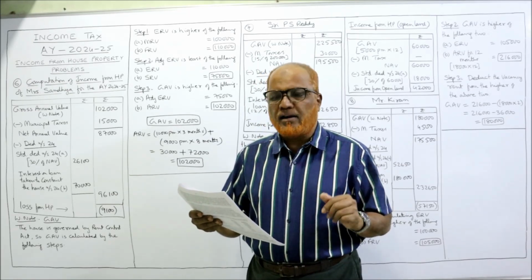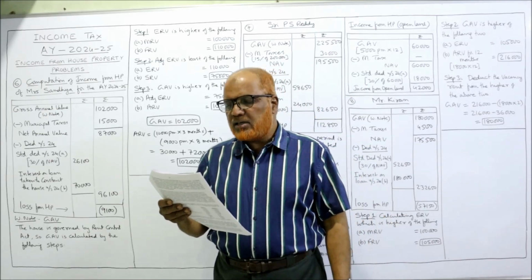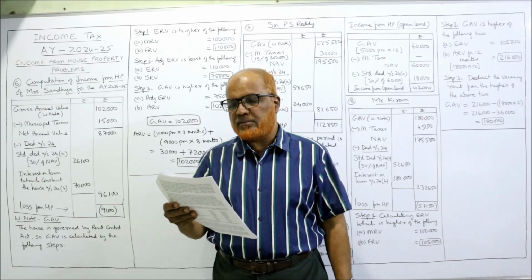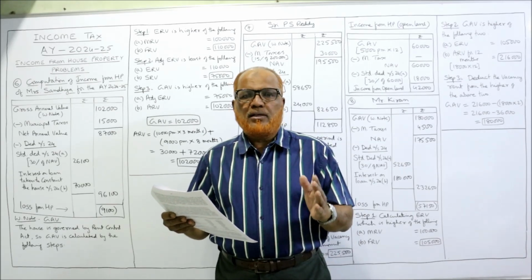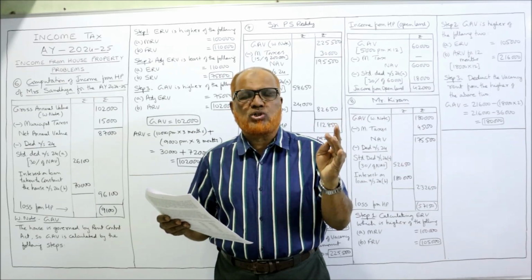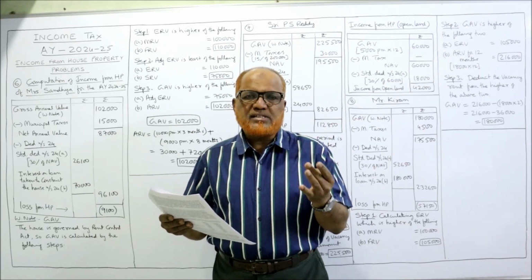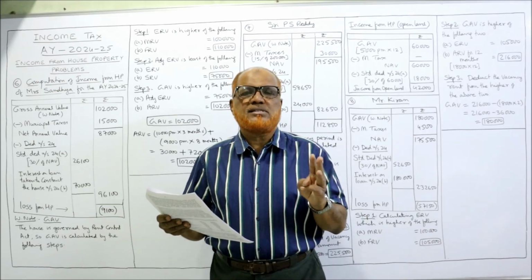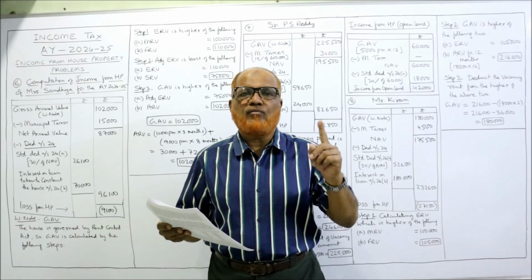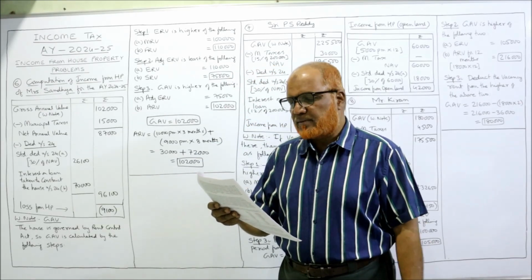So 1 month's rent is unrealized. On 1st August, it was let out to Mrs. Shanti on a rent of 9,000 per month. So from August, that means August, September, October, November, December, January, February, March, 8 months. The first tenant only 3 months, the second tenant 8 months, 8 plus 3, 11 months. So 1 month was unrealized.